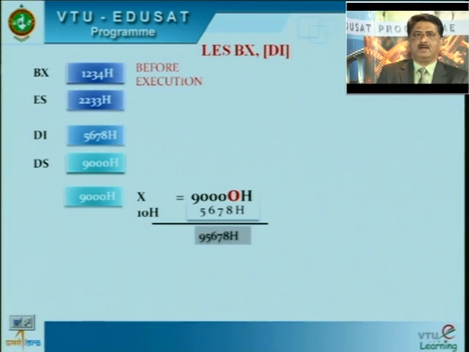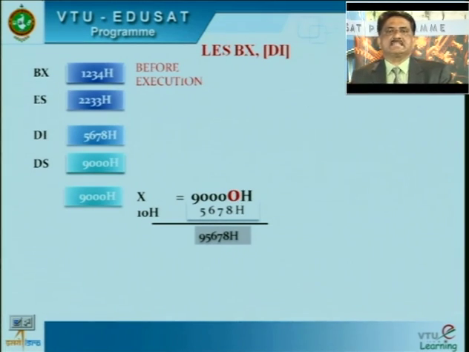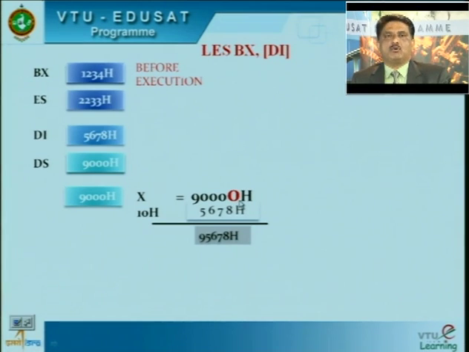One commonality, I don't know whether you observed this or not. Every time I calculate the physical address, have you observed that the last nibble is always a 0? Yes, of course. There is a rule in 8086 where every segment will start with the last nibble as 0.